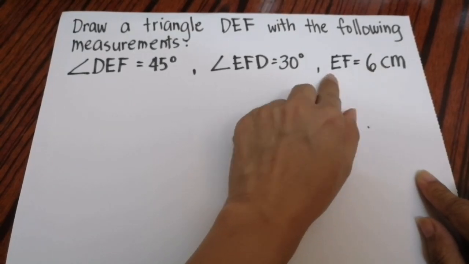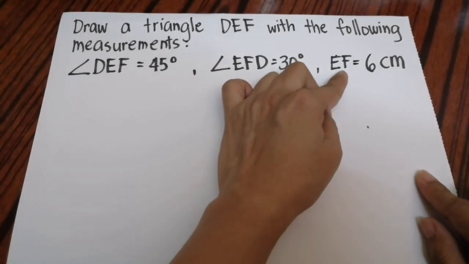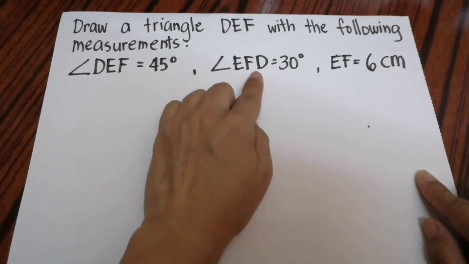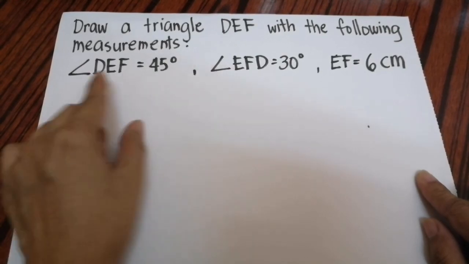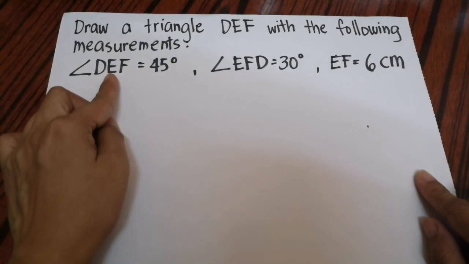The 2 points, E and F, will be the line, while angle EFD has F as the vertex, and angle DEF has E as the vertex.